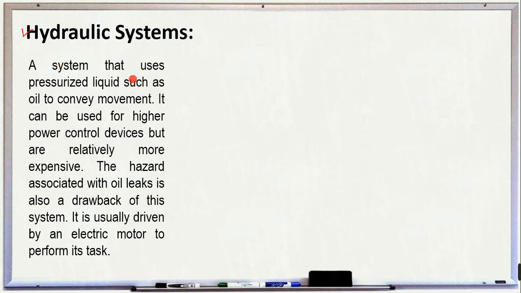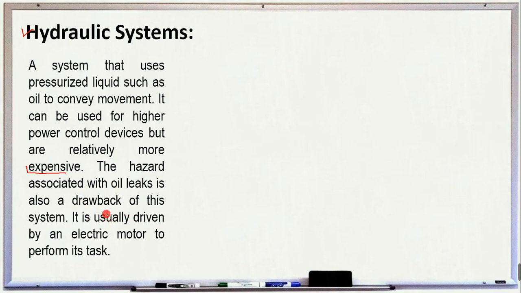So a system that uses pressurized liquids such as oil to convey movement, and then it can be used for higher power control devices, but they are relatively more expensive. Mao lang iya drawback, no. And another one, the hazard associated with oil leaks is also a drawback of this system.